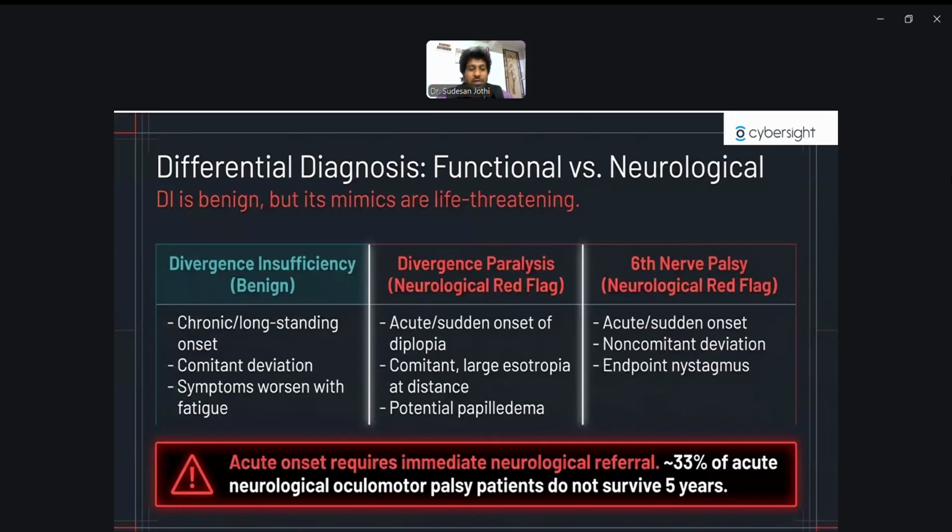True divergence insufficiency is chronic and comitant, whereas a neurological condition presents with sudden onset, can be an incomitant deviation, or be associated with neurological signs. Therefore, any patient with acute distance diplopia should be referred immediately for a neurological evaluation as well.